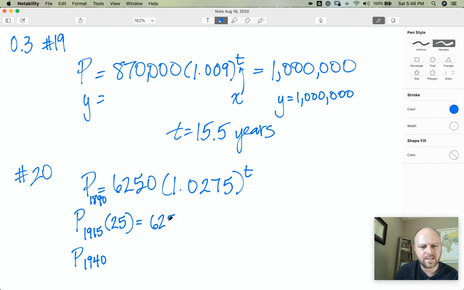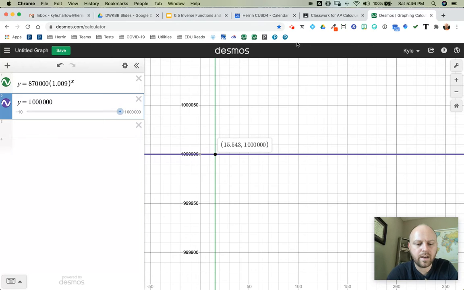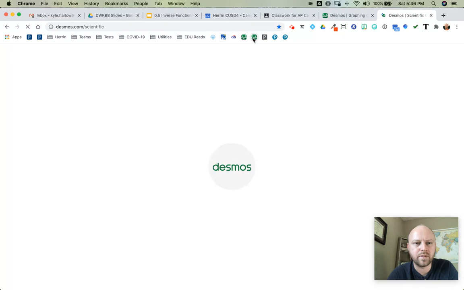So that's going to be 6250 times 1.0275 to the 25th. And we can go to Desmos for that. And actually, we can use Desmos's scientific calculator, I believe.